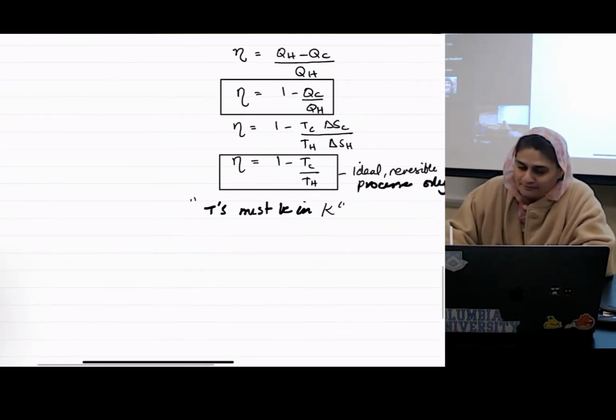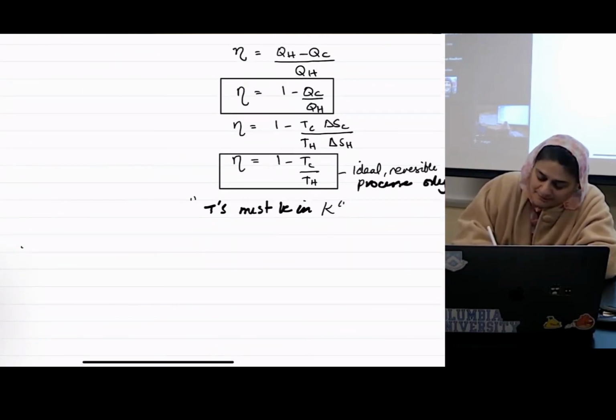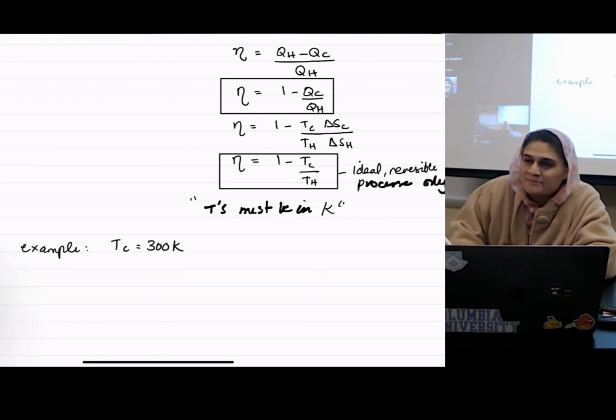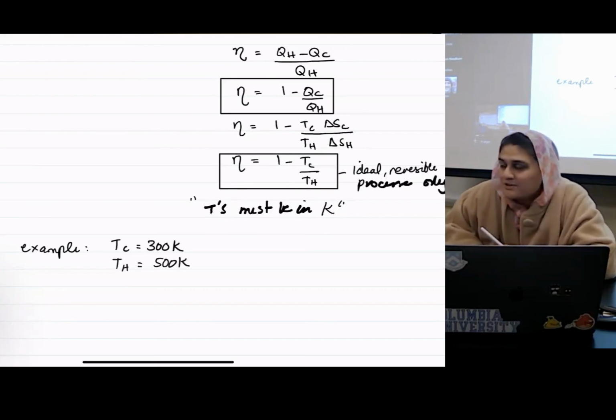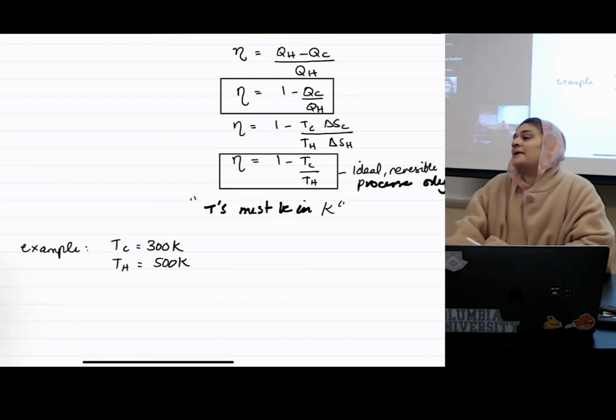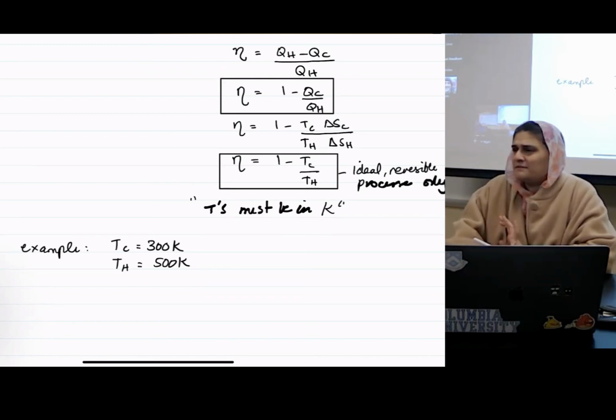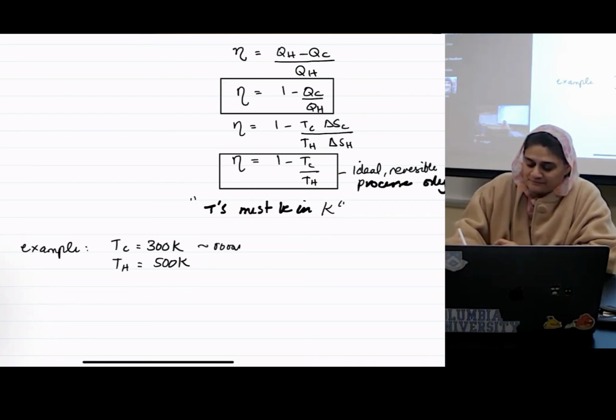So for example, take TC equals 300 Kelvin, which is about room temperature, and take TH to be about 500 Kelvin, which is what? Yeah, in Celsius. 27 degrees. 500 Kelvin? So this is about room temperature Celsius. What is it? A little bit more than 227 degrees Celsius.